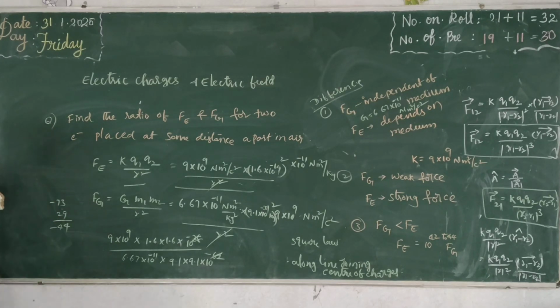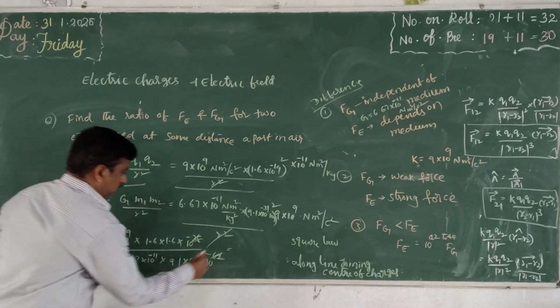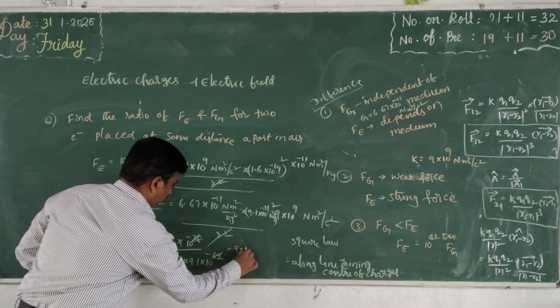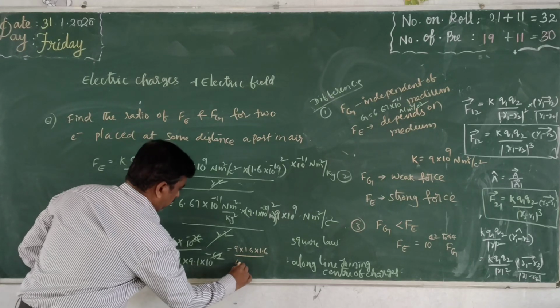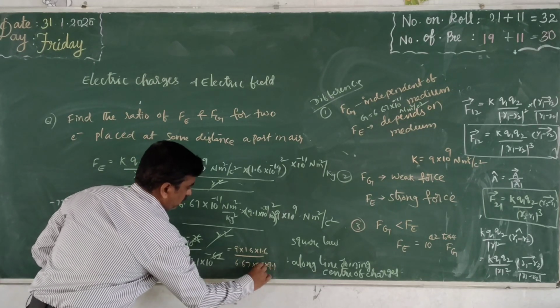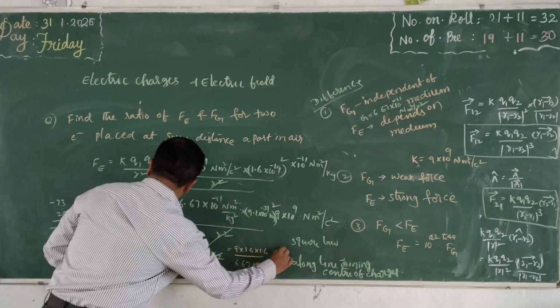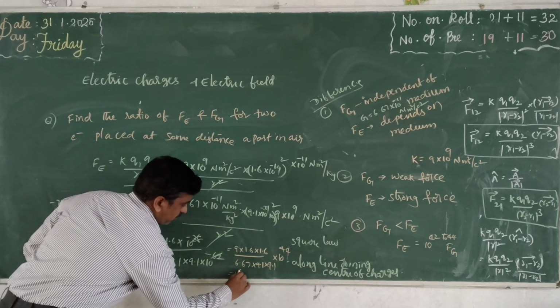So it means minus 44, so we can move this to the numerator. Here we can write 9 into 1.6 into 1.6 by 6.67 into 9.1 into 9.1, into 10 power 44, approximately 10 power 42.